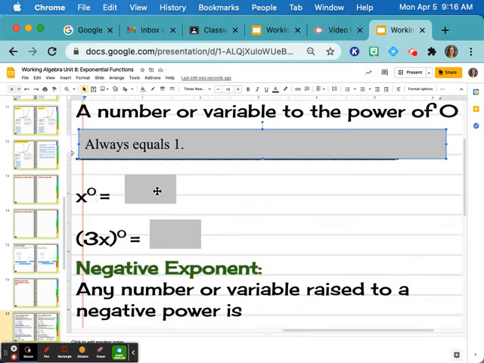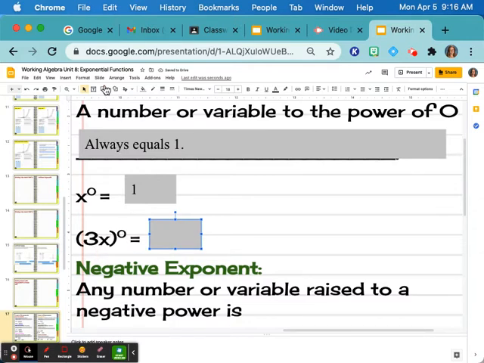So x to the 0 equals 1. Then here we have to send our 0 to the 3, so that'd be 3 to the 0, and send our 0 to the x, that'd be x to the 0. So they're both to the 0 power, meaning that equals 1.